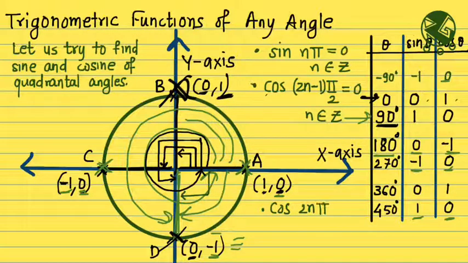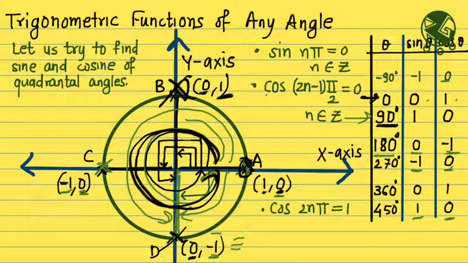Okay, let's go further. So cos of 2n pi is equal to 1. At this particular point, 2n pi, that is n into twice pi. What is twice pi? 360 degrees. So if we take 0, or again after 360, or again after 2 rounds, we are going to get the value of cos to be 1.